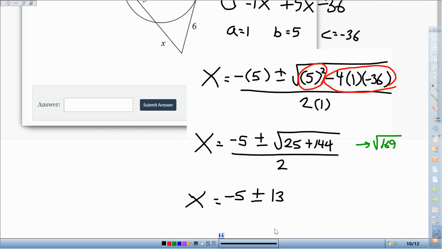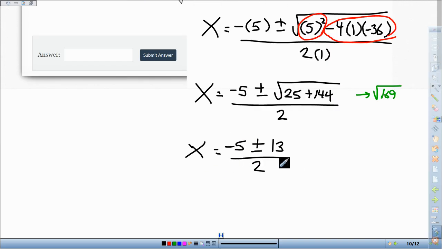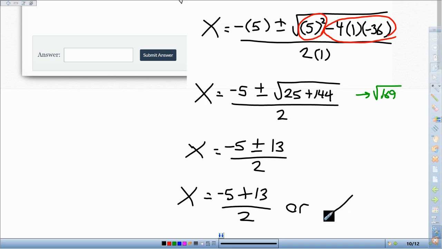And on the bottom, we still have that too. Last thing is breaking this into the two equations in front of us. We have x equals negative 5 plus 13 divided by 2, or x equals negative 5 minus 13 over 2.